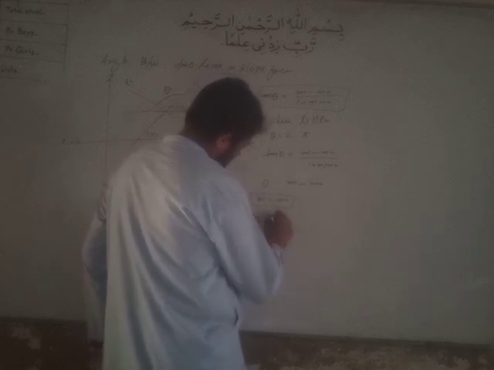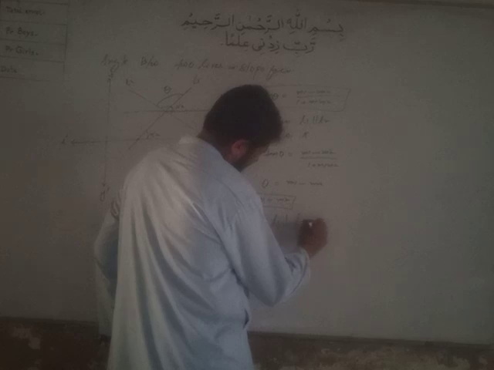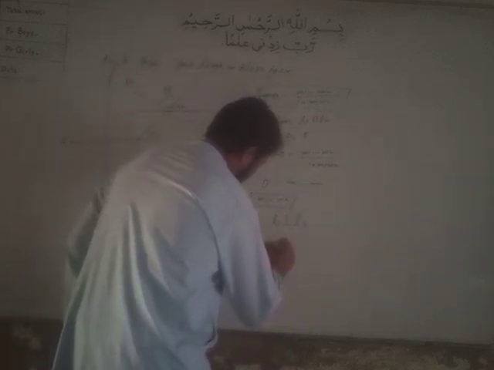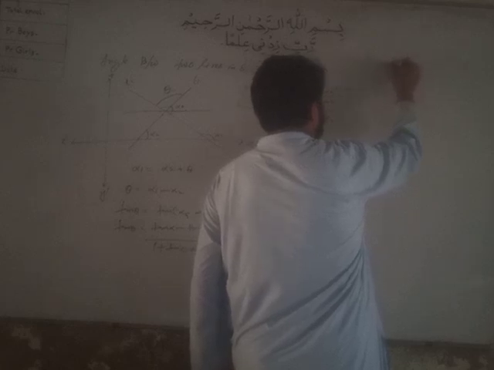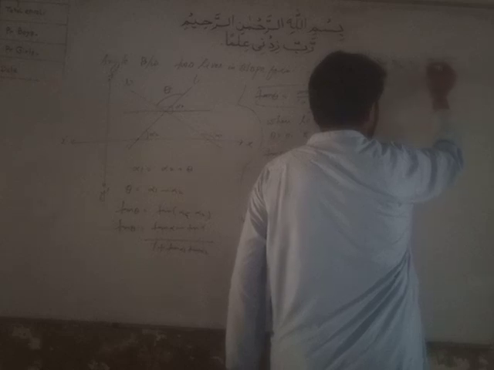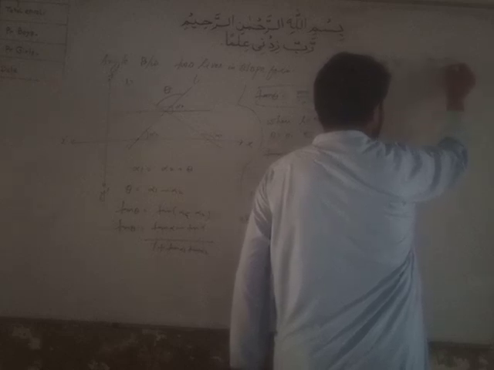When L1 is perpendicular to L2, theta must be equal to pi upon 2 or 3 pi upon 2. So when tan theta at pi upon 2, this will be m1 minus m2 upon 1 plus m1 and m2.